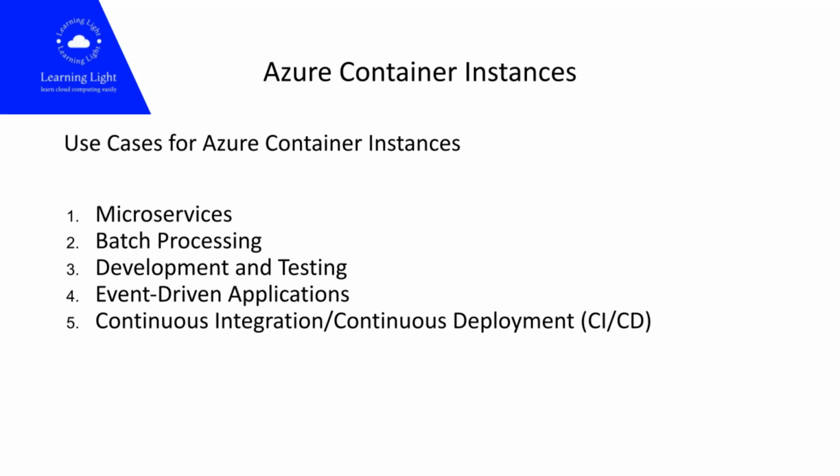Now, there are several use cases for Azure Container Instances like microservices, batch processing, development and testing environments, event-driven applications, and continuous integration and continuous deployment CI/CD pipelines. When we talk about microservices, ACI is an excellent choice for running microservices architecture.